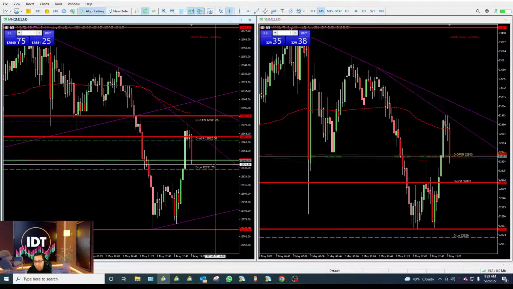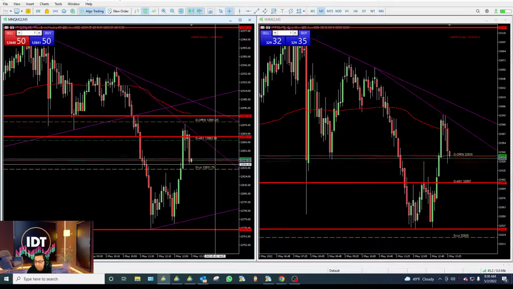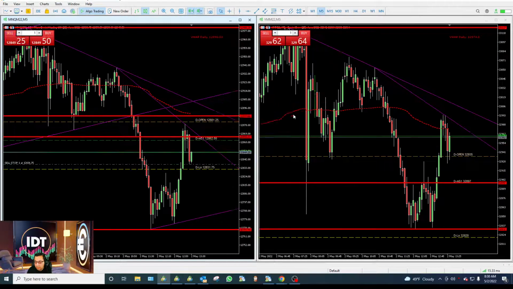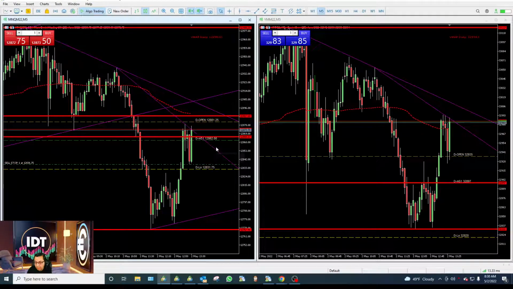We're too close. I can't put the pending order just yet. See if we can pull up a little bit. There we go. See what happens at VWAP.